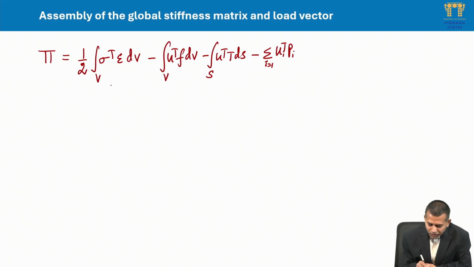From this, we got the first expression as half Q transpose KE Q.